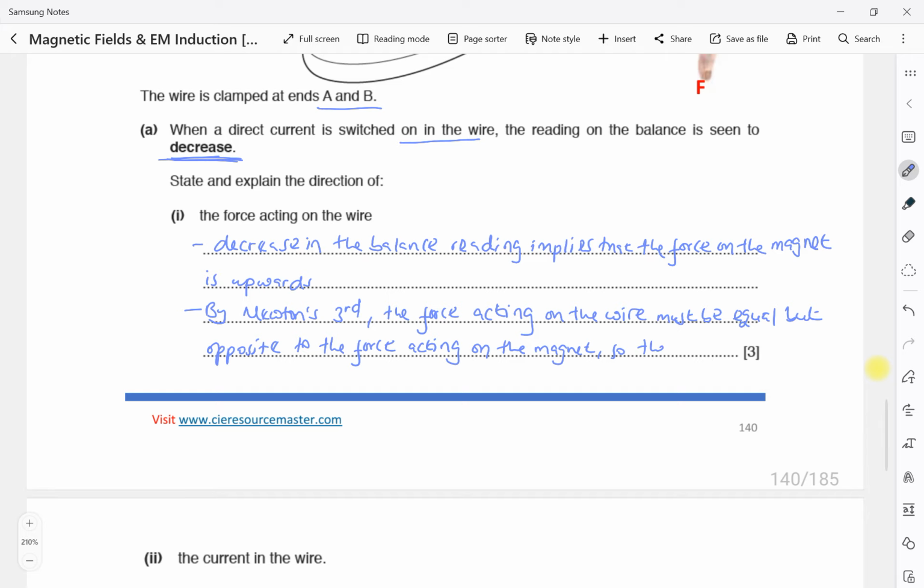So the force acting on the wire is downwards.